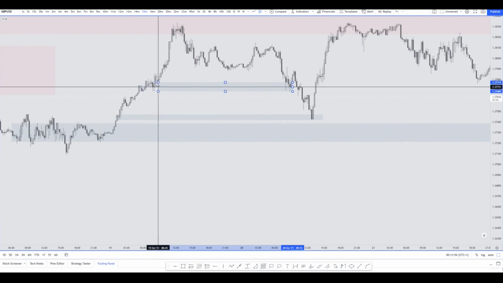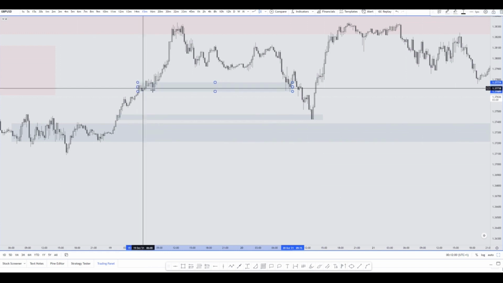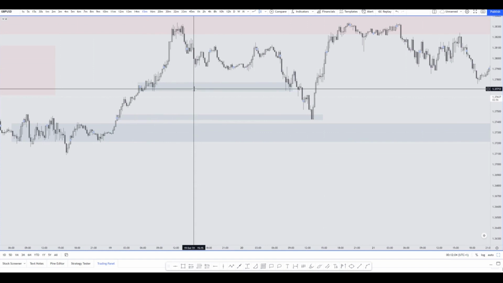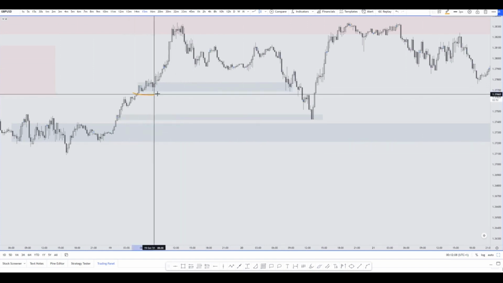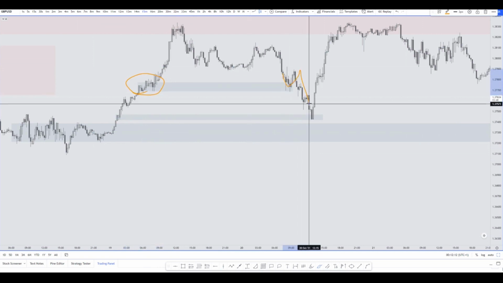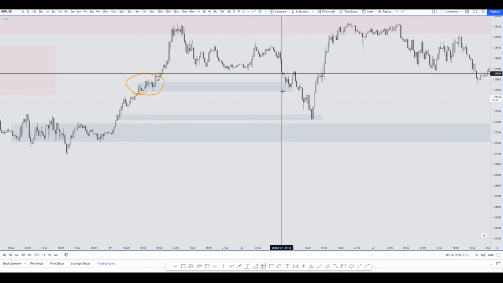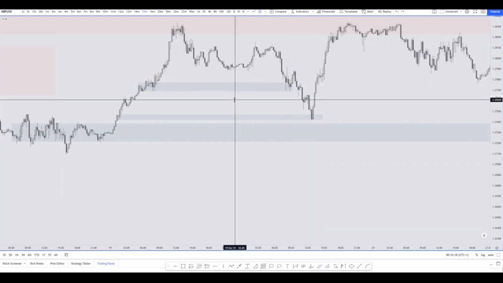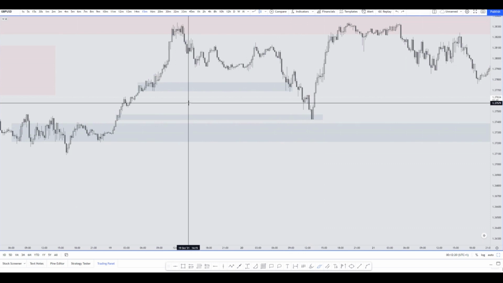And myself, ultimately, I would probably just find a range like this and pull the whole area, because I don't know which candle it's going to react. What I do know is that when we hit this vicinity, we expect some sort of reaction. Whether or not the reaction carries on through, goes on to make a high, that's completely up to the market.